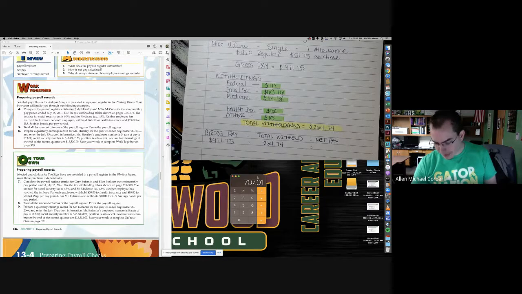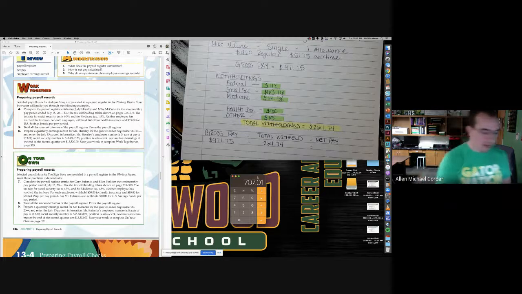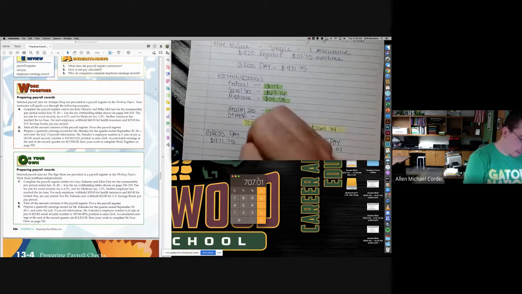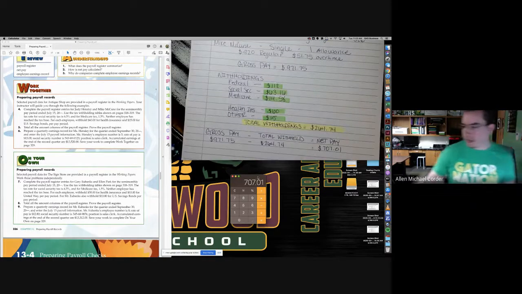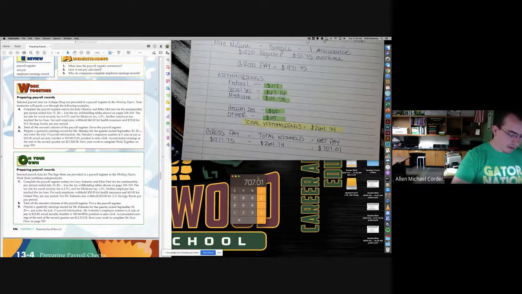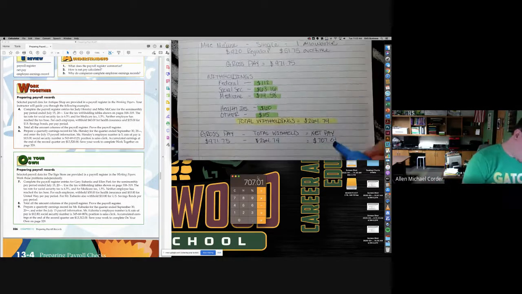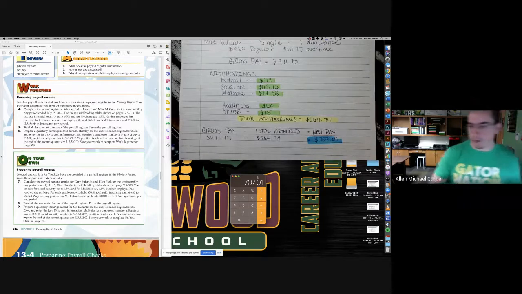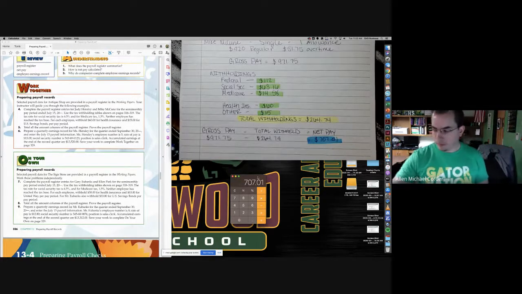Mike gets a net pay of $707 and 1 penny. Okay. Mike takes home, he gets deposited to his bank account $707 and 1 penny. Okay. That's what he gets to live on for 2 weeks or however long until their next paycheck.